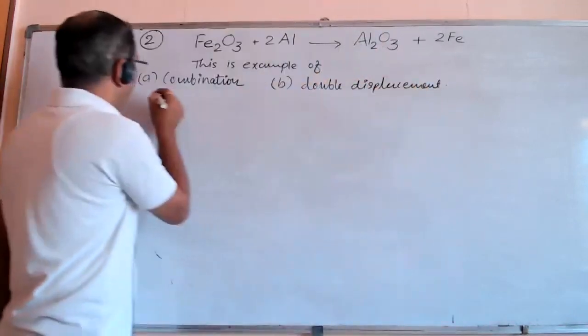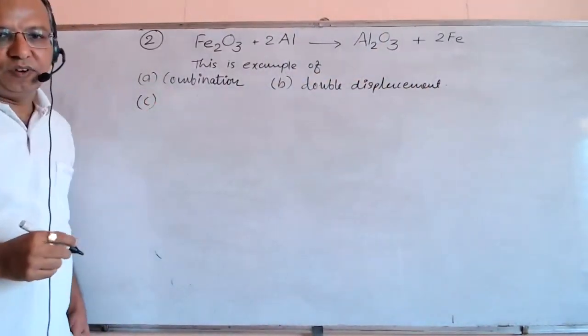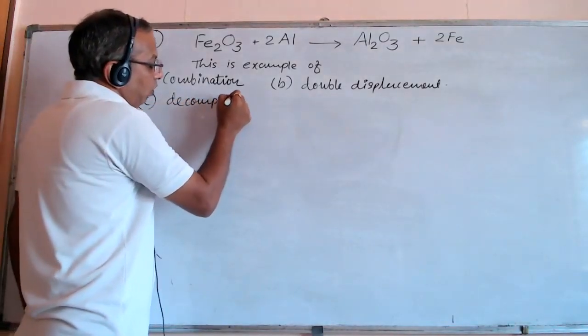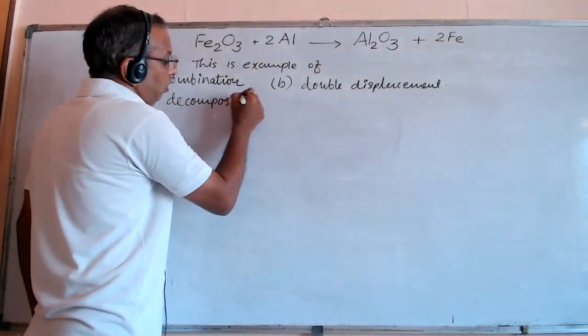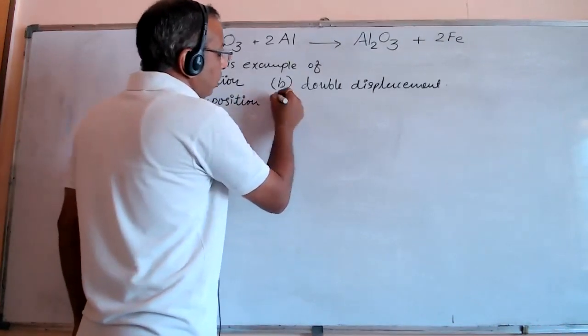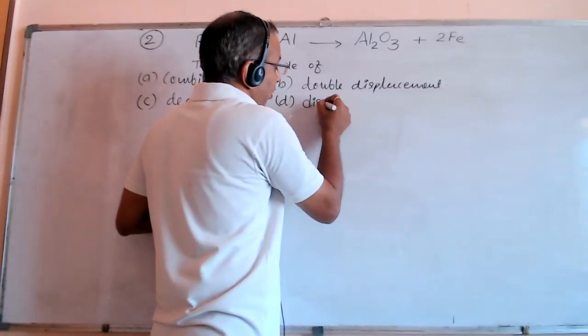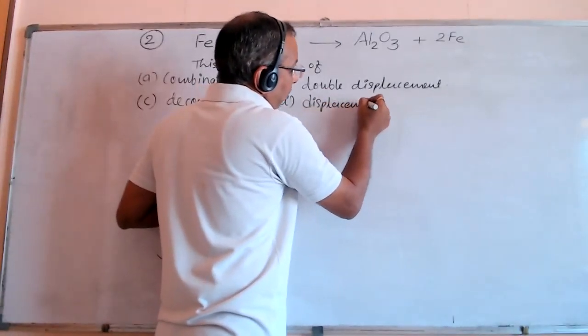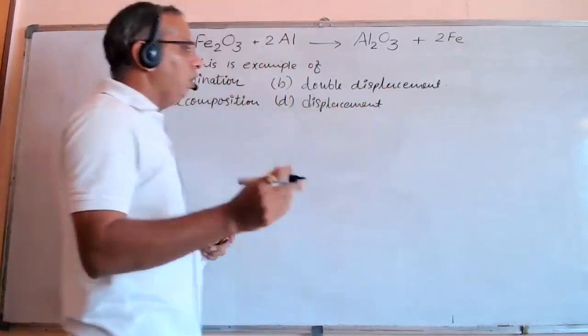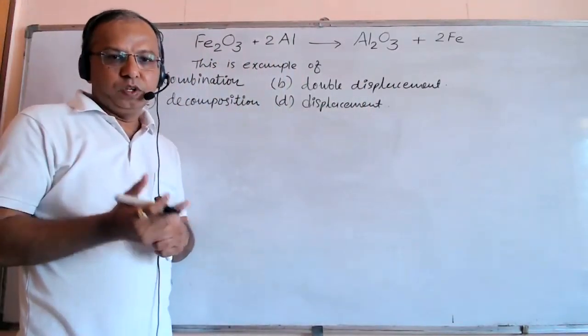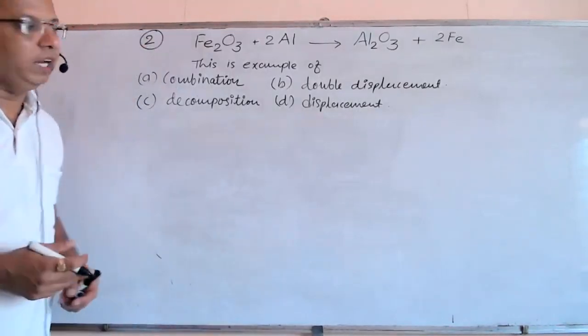Option C is given, friends, decomposition reaction. And option D is given, friends, displacement reaction. Now all these are types of chemical reaction. So let's check it out. What is the correct answer?